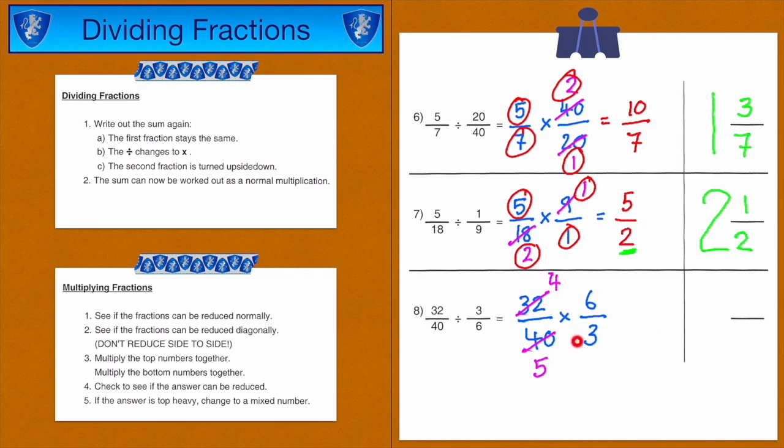So we've got 2 times 3, and we've got 1 times 3. Now there's nothing we can do diagonally, so we just work it out now. So we've got 4 times 2 is 8 at the top, and 5 times 1 is 5 at the bottom. So it's 8 over 5. That's top heavy, so we're going to say 8 divided by 5 is 1, so it's a big 1. Remainder 3 at the top, 5 stays at the bottom.